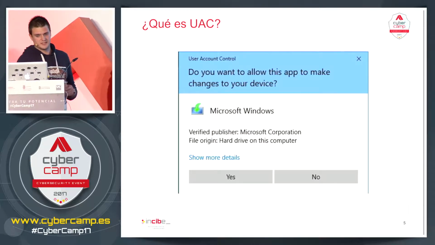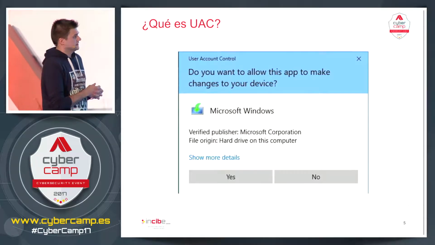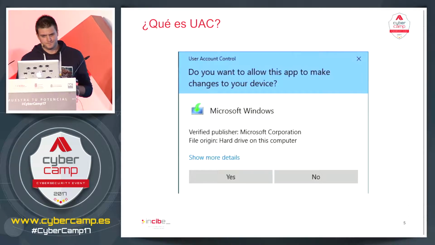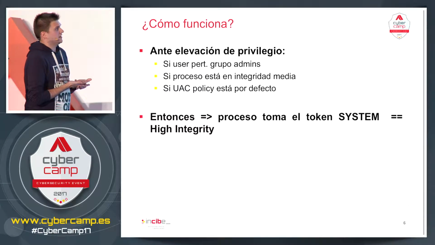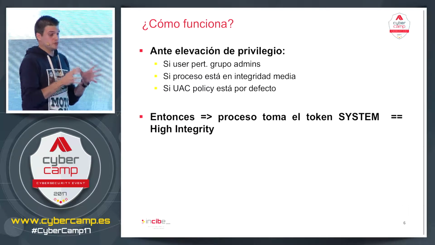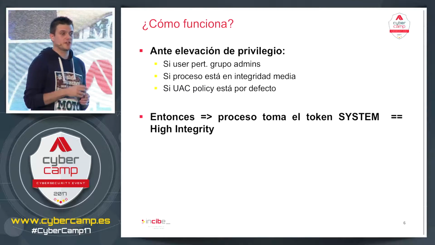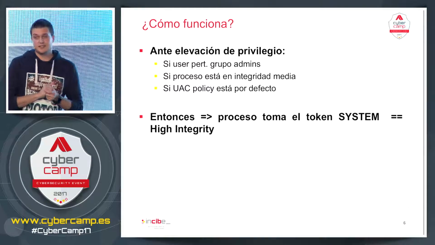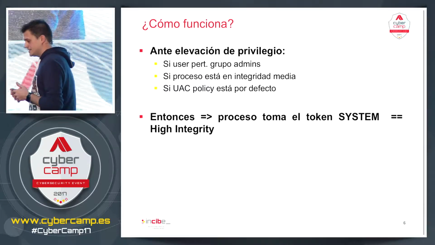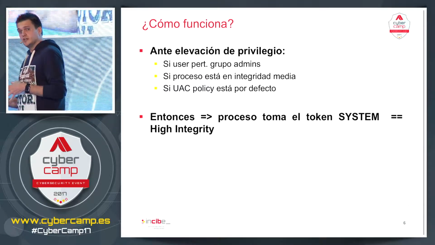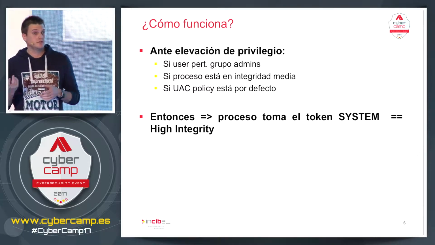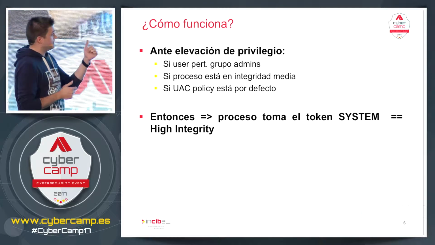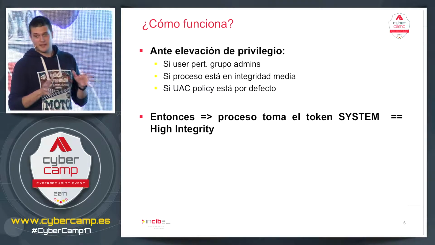But Windows 10 has modernized this, though in the end it's the same security mechanism. So how does it work? When you click the right button and say run as administrator, a little shield comes up. If you belong to the administrators group, you'll be able to have these rights, and there'll be the yes and no message.